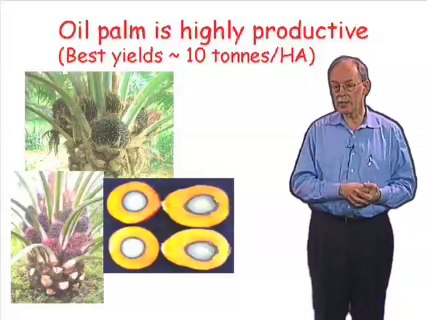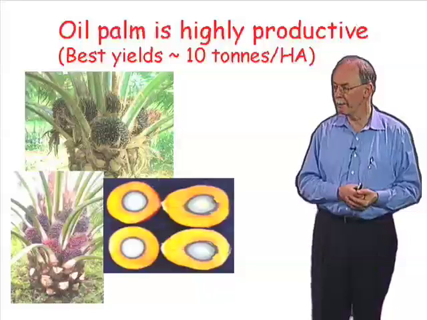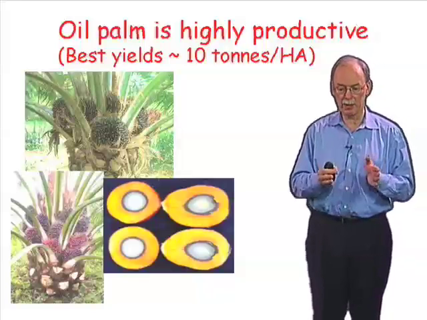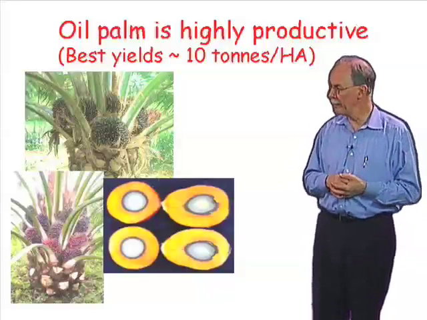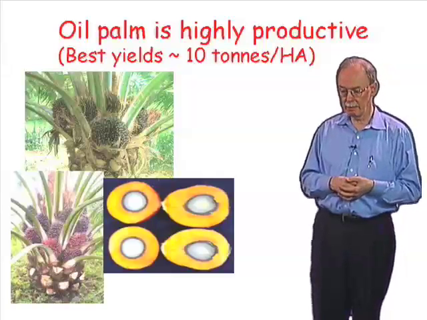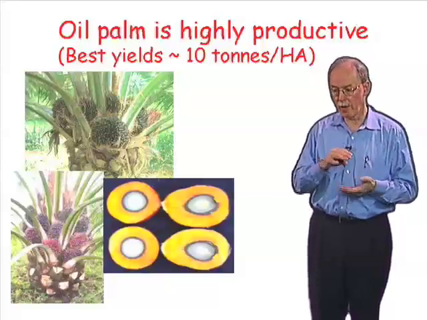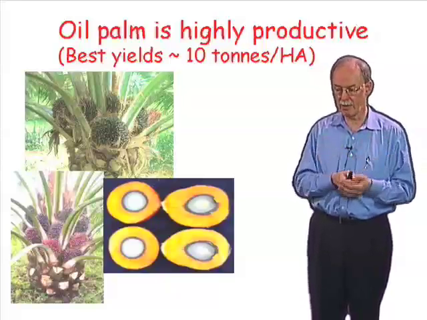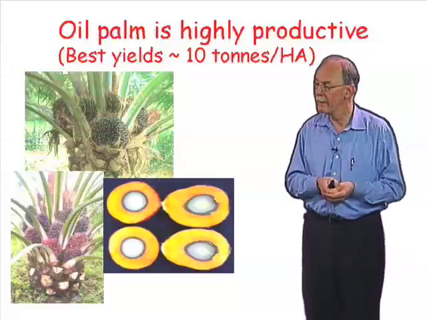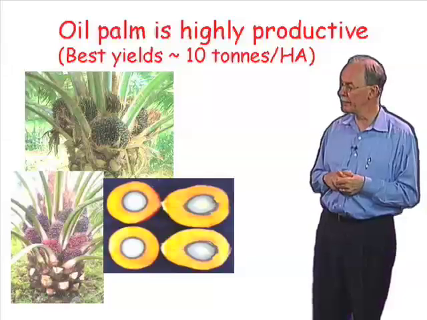Now, there is one plant that does have much higher productivity, and that's oil palm, which is a tropical plant that grows within 15 degrees of the equator. Because in those regions the growing season is all year long, and the plants have a long lifespan, these plants are very efficient accumulators of oil.